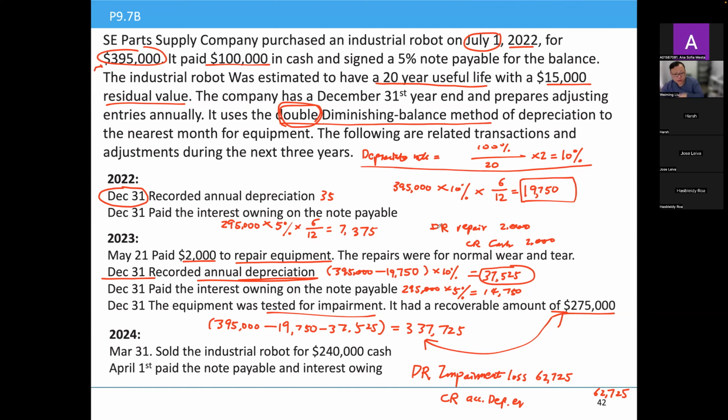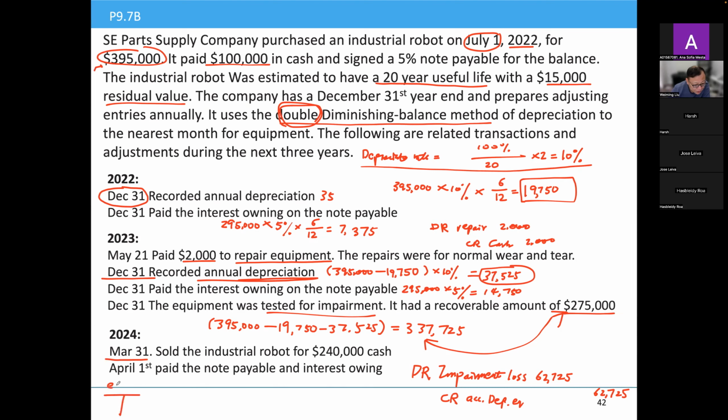Awesome. So now, March 31st, they sold that robot for 240,000 cash, okay? This is the part I'm going to spend some time on. So let me do a T account.